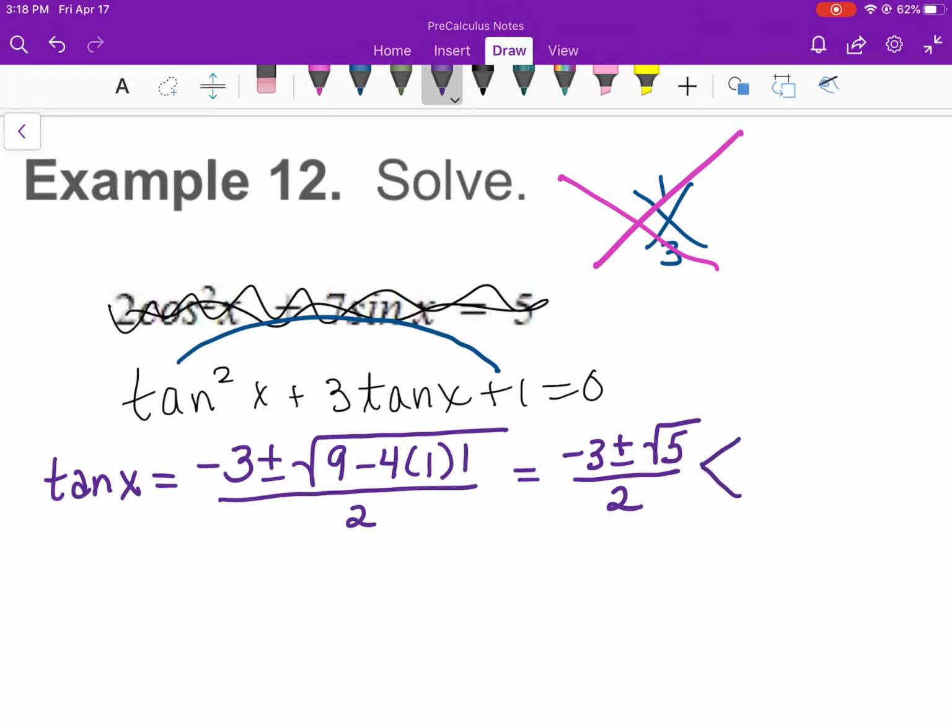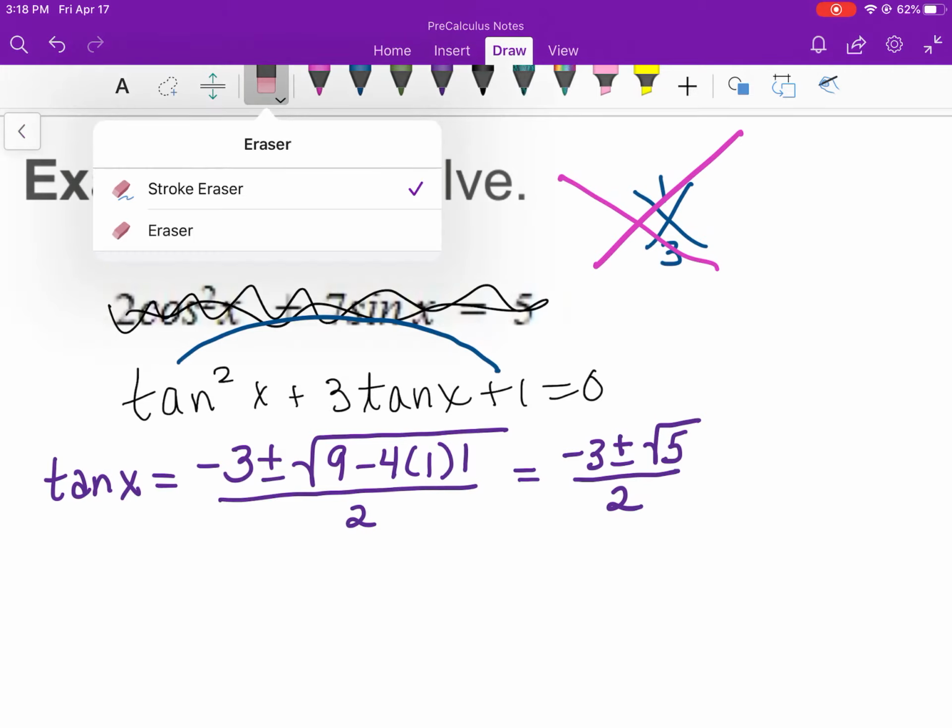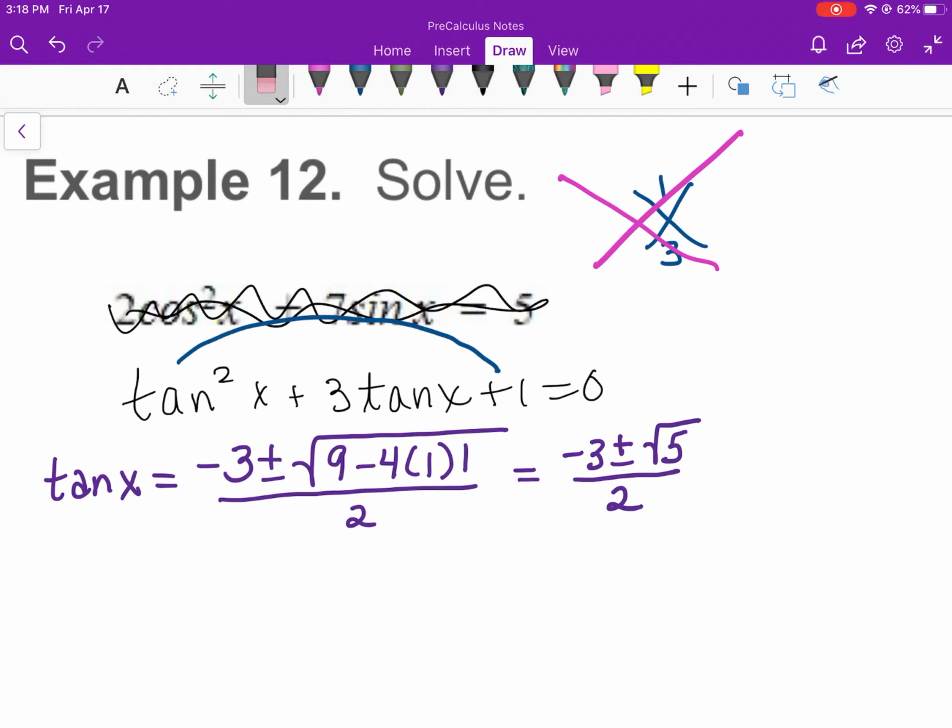Okay. So let's just pause there for a minute. If I take that into my calculator, then I'm going to have tangent of x equals, okay, -3 plus the square root of 5, and then divided by 2.